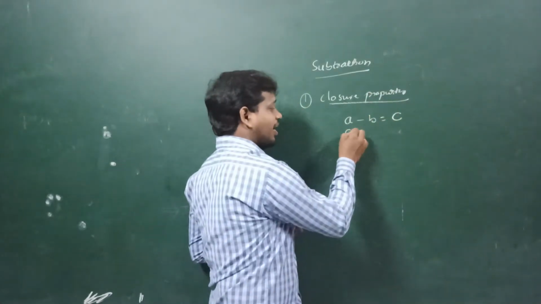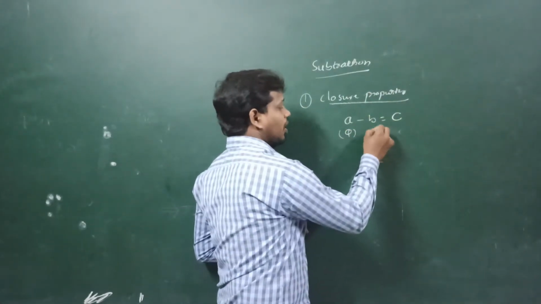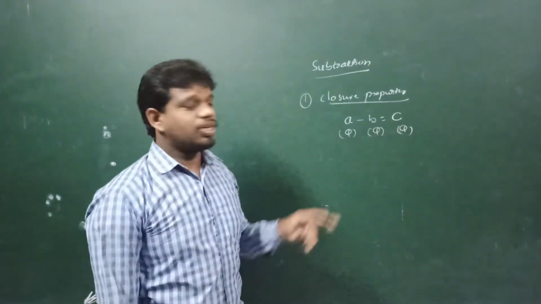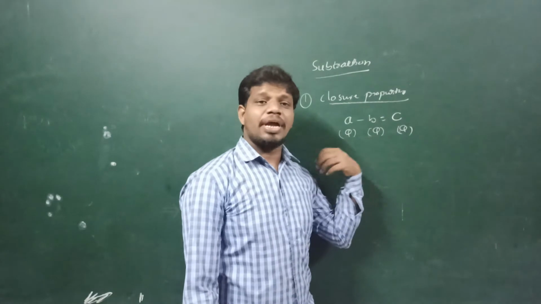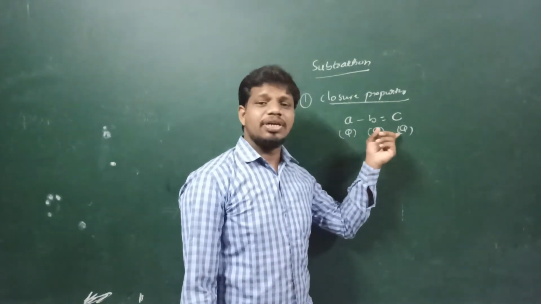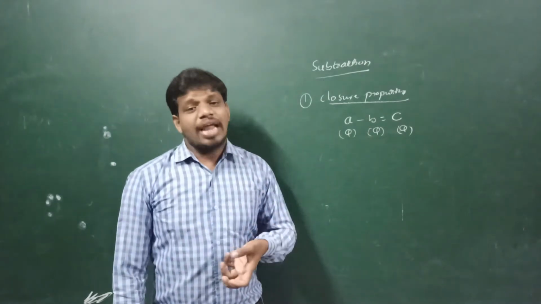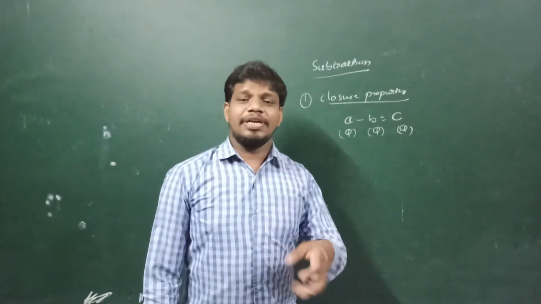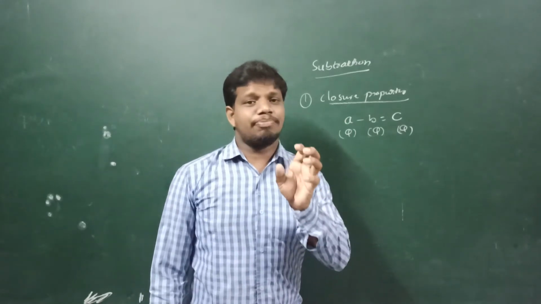For example, a is a rational number and b also a rational number, c also a rational number. The difference of two rational numbers is also a rational number. Then we can say the rational numbers satisfy the closure property under subtraction.